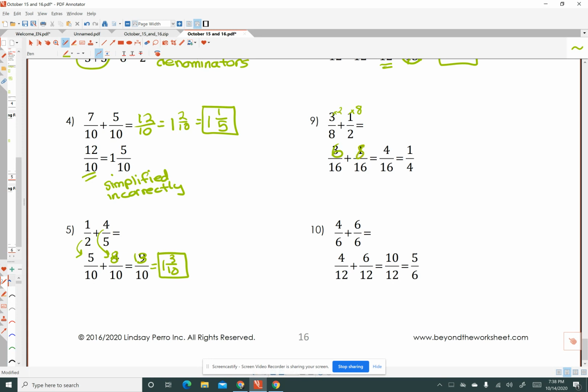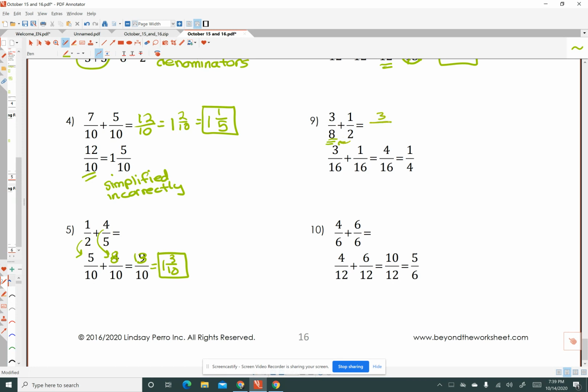So then 6, 2 times 8. You know what? They didn't need to make that 16. Let me show you how I would have handled that. I don't think we need to do 16ths at all. I mean, they could, but it's just a lot of extra work. We've got a denominator here that is just going to work out fine for us. 2 is a factor of 8.